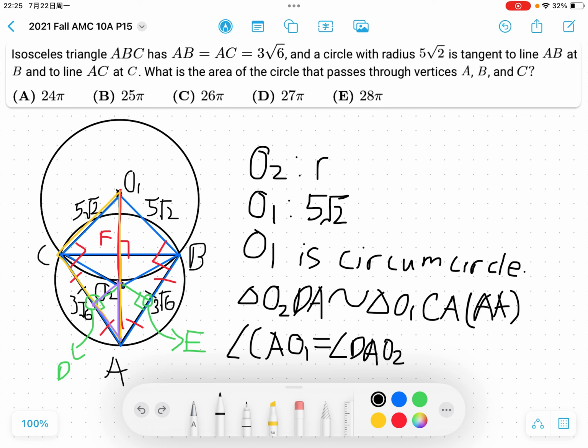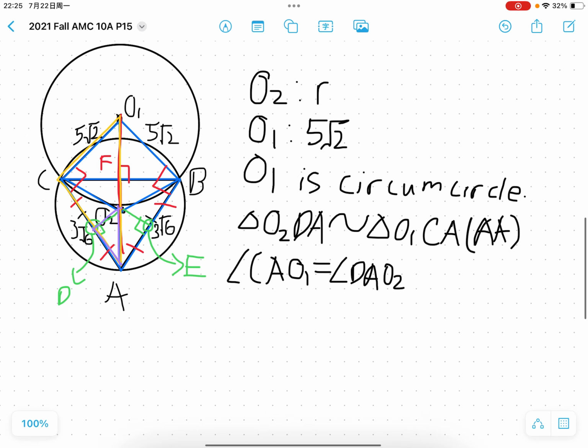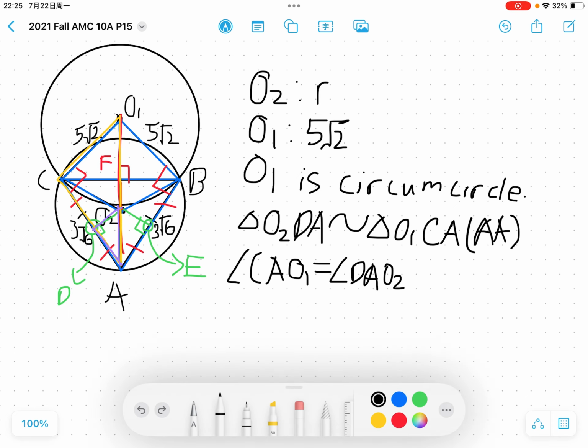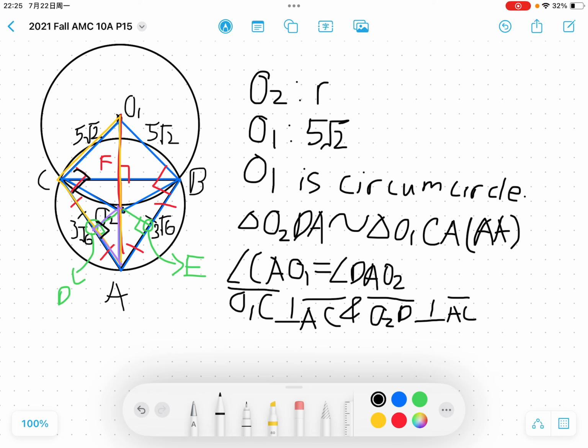And secondly, since O1C is perpendicular to AC, and we also have O2D is perpendicular to AC, we have angle O1CA equals angle O2DA, because 90 degrees equals 90 degrees.